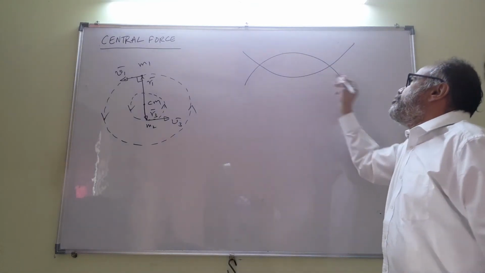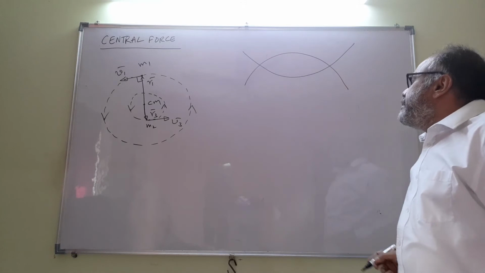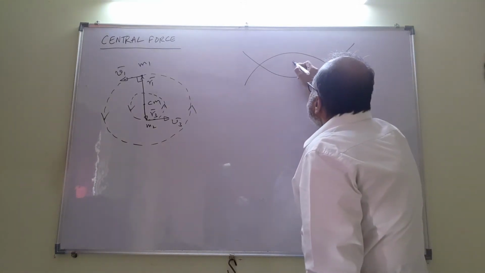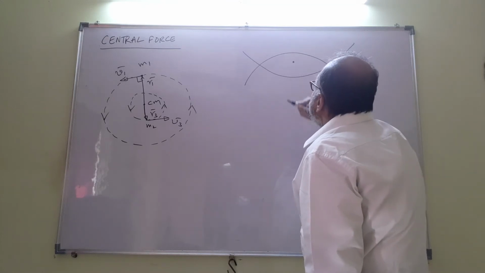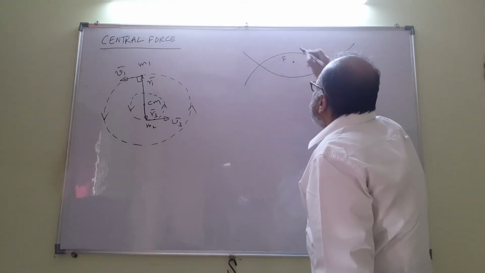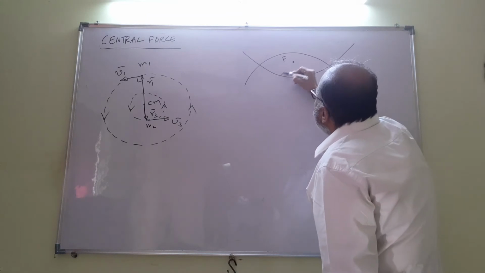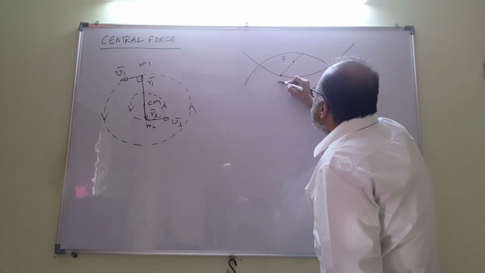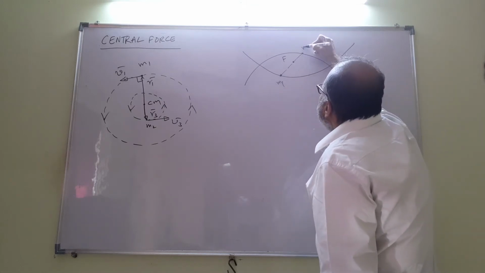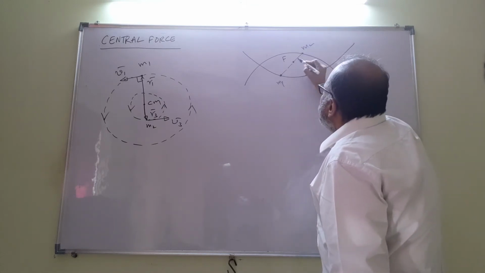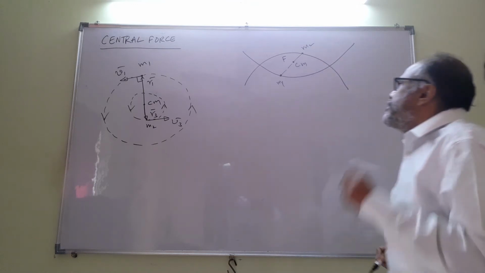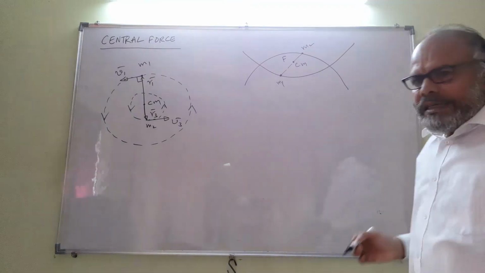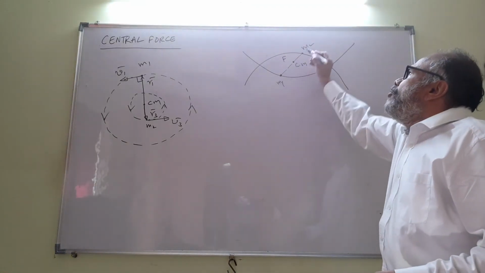The two paths could be parabolae like this, and the center would now be the focus of the parabola. So if I draw a line from one curve to the other, if mass m1 is here, mass m2 would be somewhere here, and this focus would be the center of mass. That focus F is the center of the central forces.